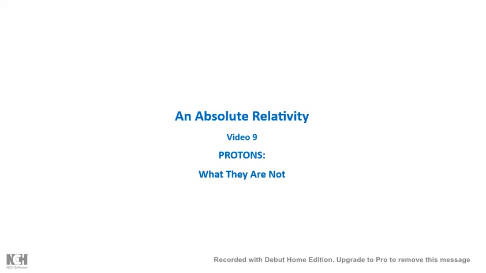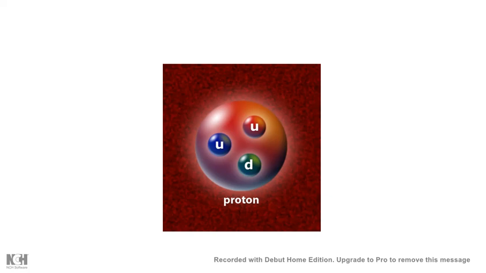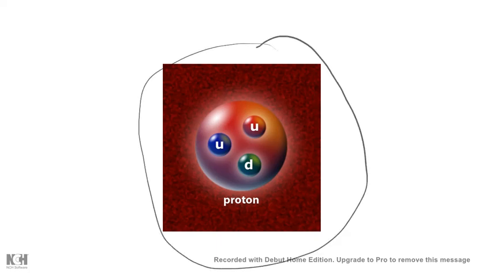And all the way through I've been showing that is so. Okay, this is protons and what they are, but just a little brief look at what I was saying in the last video, this is what protons are not.